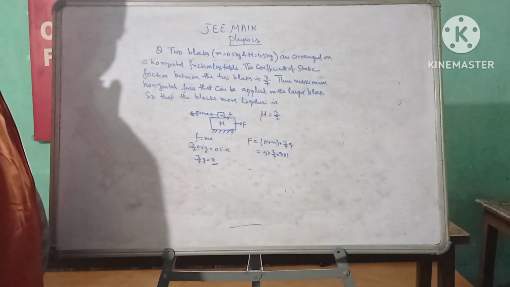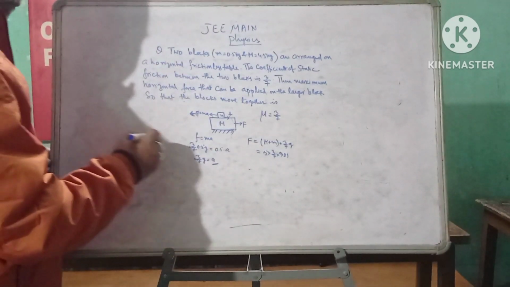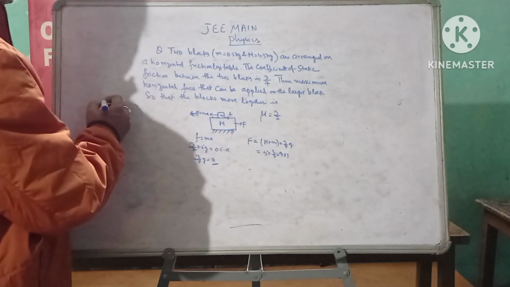Now if you solve this, you are going to get 15 into 9.81.